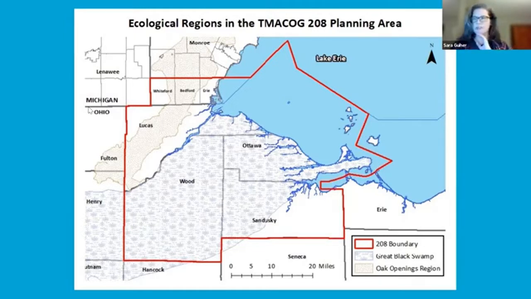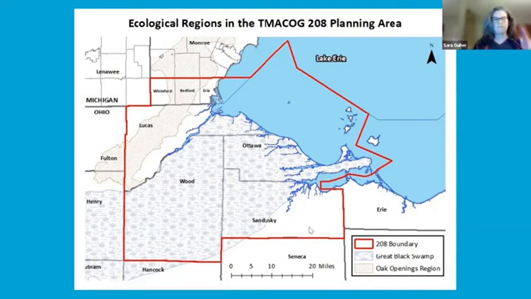I'm sure you've seen a variety of different types of maps that point out the oak openings and the Great Black Swamp. But just to give you an idea, this sandy area here is the oak openings region, and this wetland area here would be the Great Black Swamp.